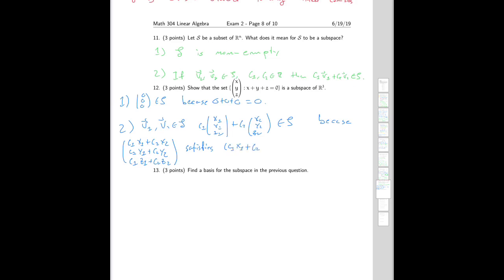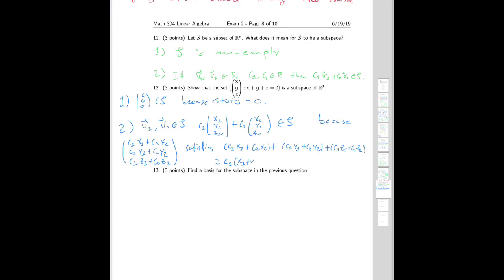So C1 x1 plus C2 x2 plus C1 y1 plus C2 y2 plus C1 z1 plus C2 z2 equals, and now I'm just going to get all of the 1 index stuff together and all of the 2 index stuff together.